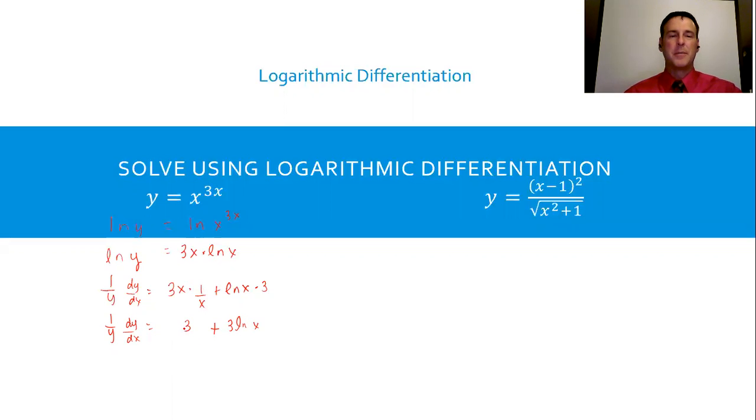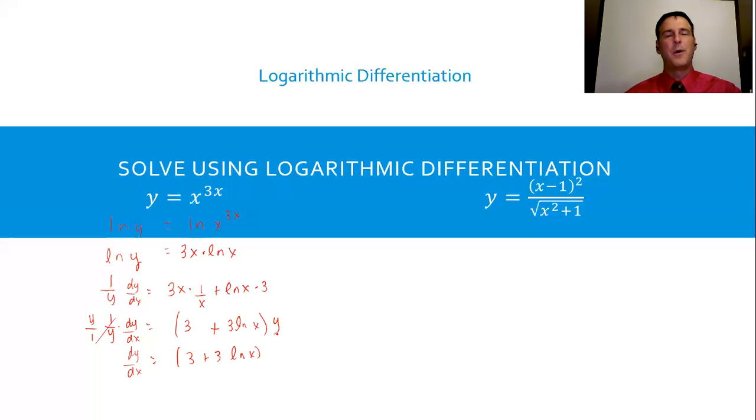Now, remember the goal is to get dy dx by itself. So I'm going to get rid of that 1 over y, and I'll do that by multiplying. Now for most, you're like, well, that feels like it's done. And it kind of is.